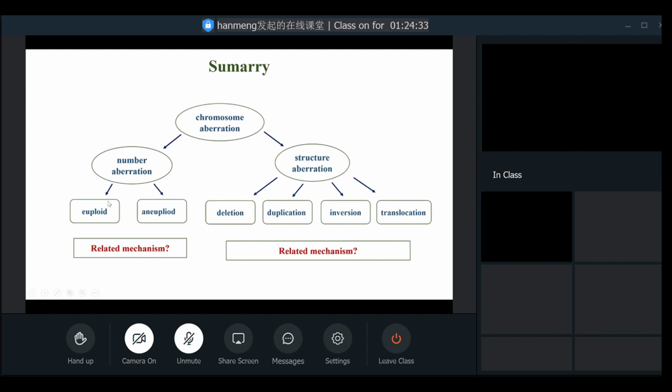The euploid includes triploid and tetraploid, and the aneuploid includes hyperploid and hypoploid, and the related mechanisms are dispermy, digyny, endomitosis, and non-disjunction or chromosome loss. The structural aberration includes deletion, duplication, inversion, and translocation.